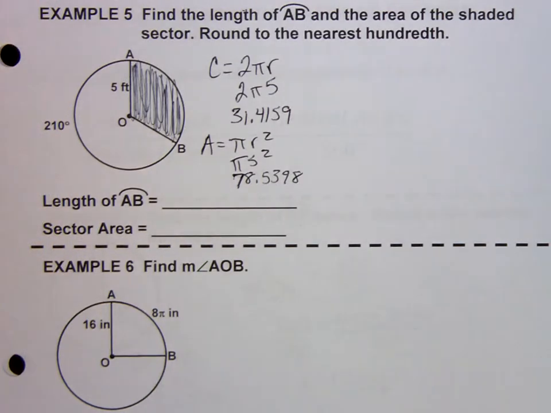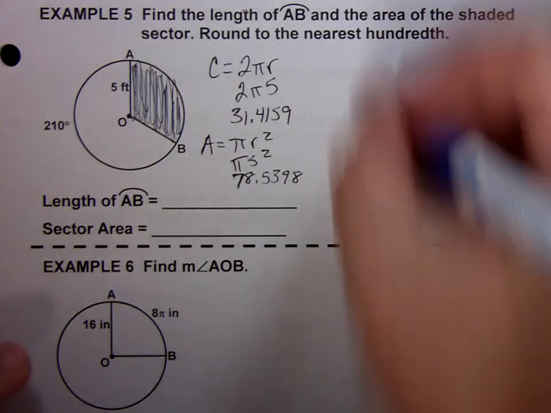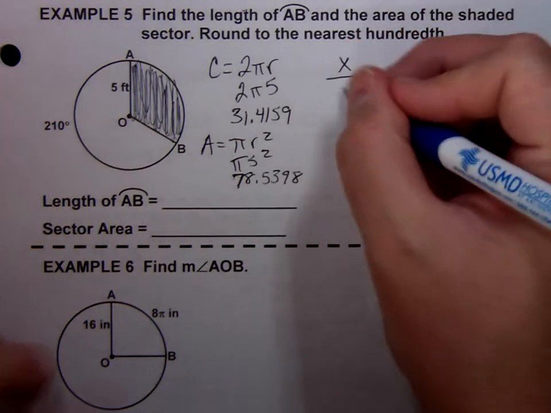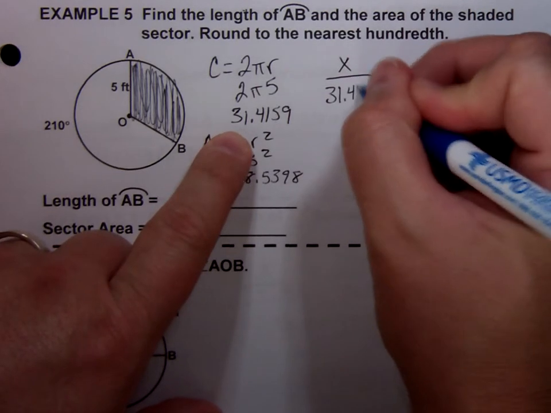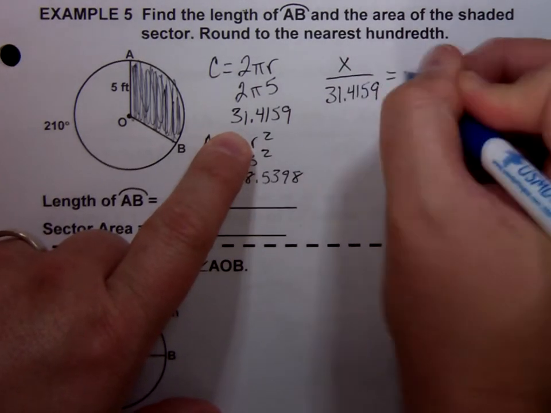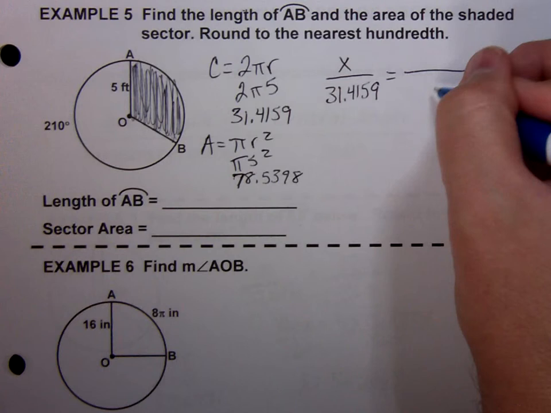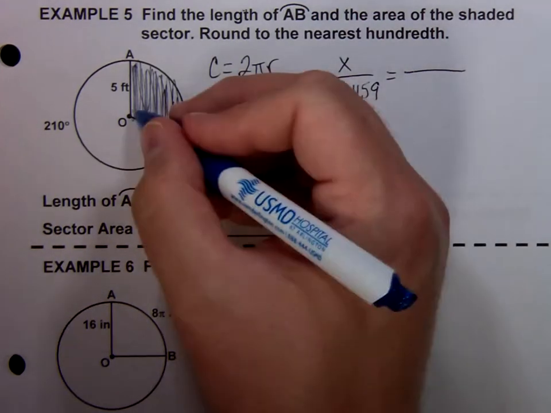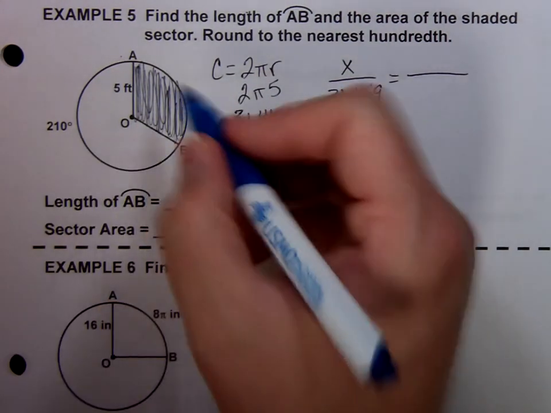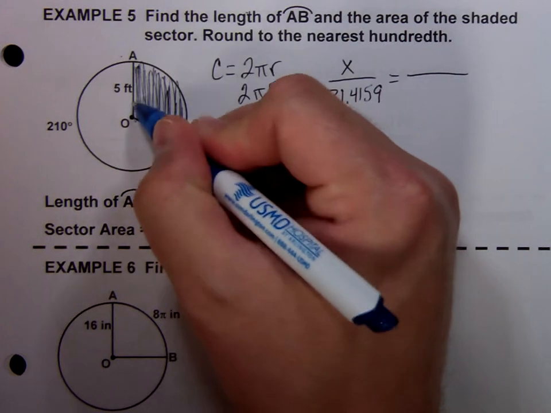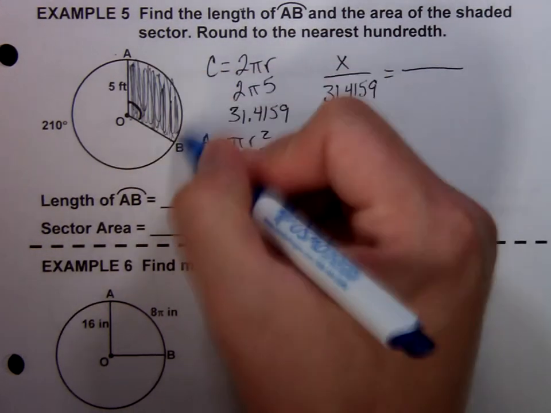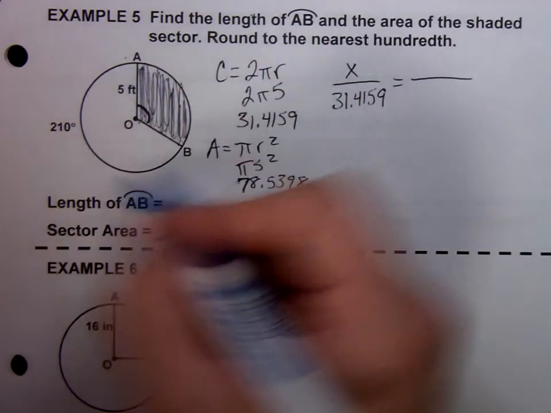So if I want to find the arc length, it is part of the circumference. And then we want to put the central angle over 360. Now be careful not to use that 210. We want the central angle that goes with this arc. So to find that, remember these should all add up to 360.